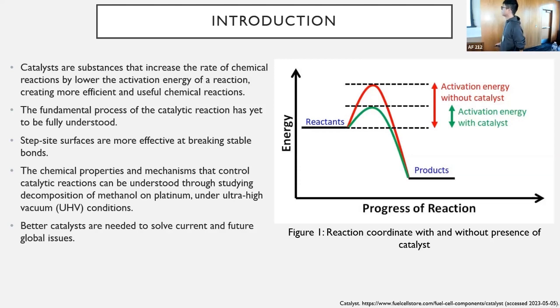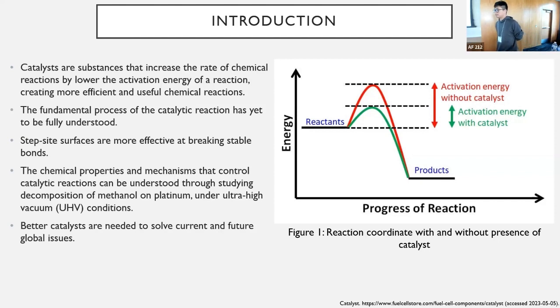In figure 1, you can see that without the catalyst, you would require more energy to actually perform the reaction. In industry, catalysts are especially important since they help increase production, minimize pollution, and decrease the energy consumption put in.